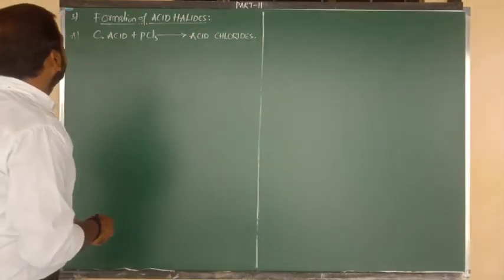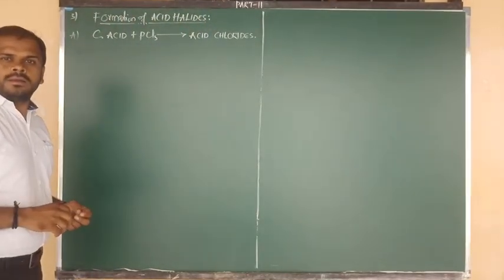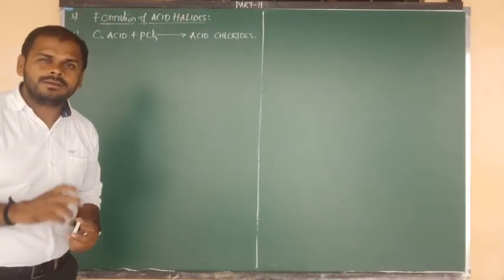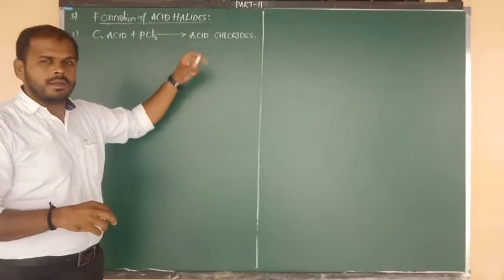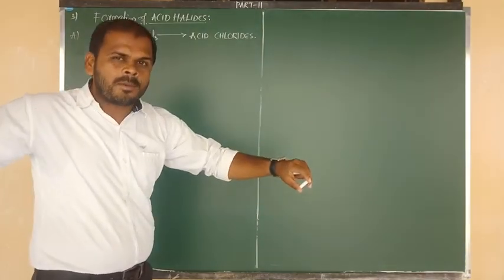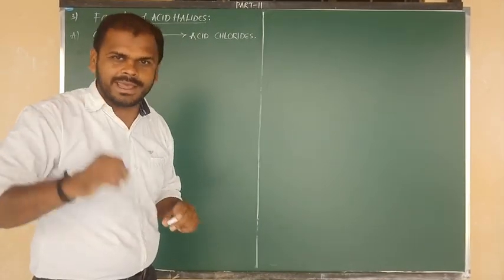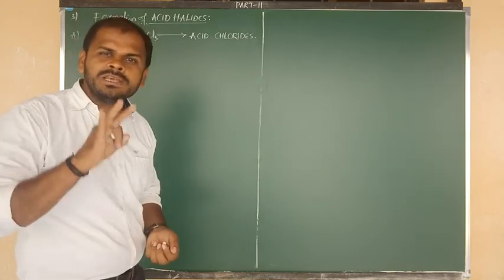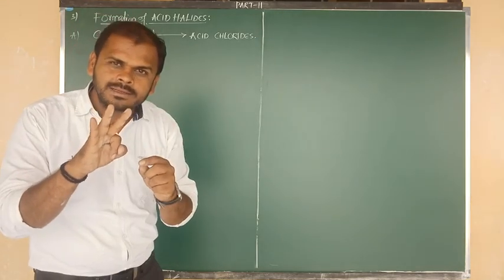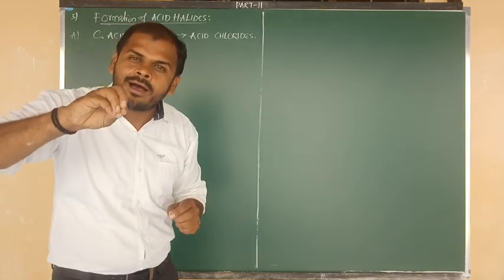So, formation of acid halides from carboxylic acids. Listen carefully. Acid halides can be obtained from carboxylic acids mainly by using three different reagents. Reagent number one is phosphorus trihalides. Reagent number two is phosphorus pentahalides.